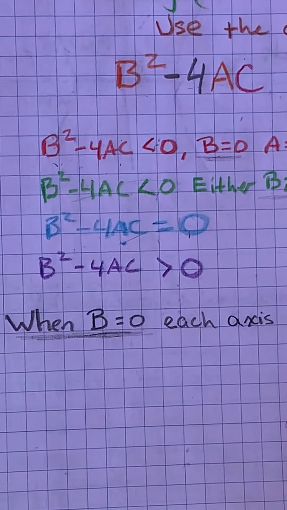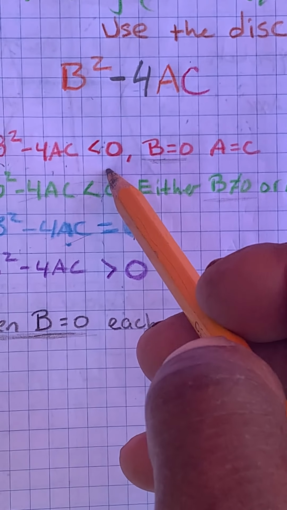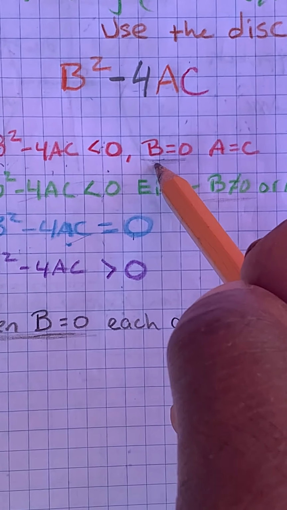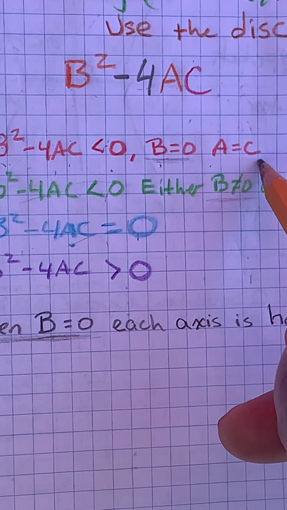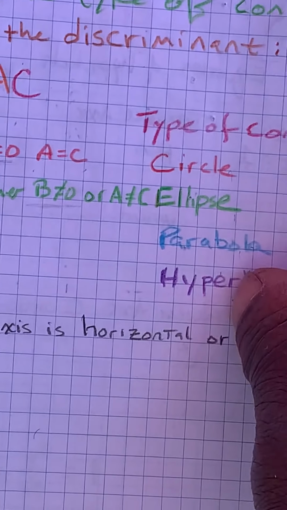Okay. And we'll know we have the difference by these other two factors. If the b squared minus 4ac is negative, and the b is equal to 0, and there's no xy, and the a is equal to c, then you have a circle.